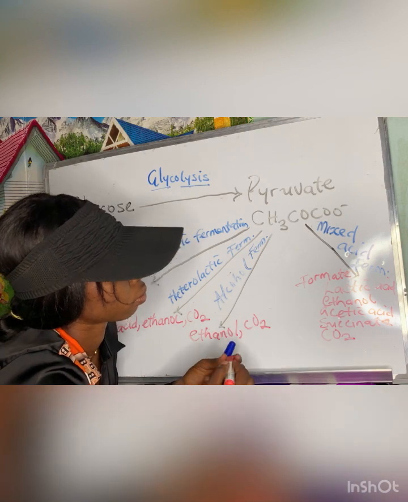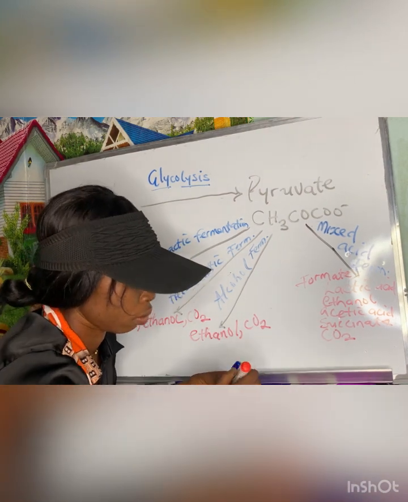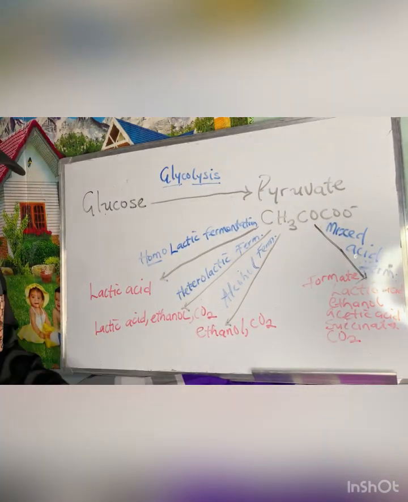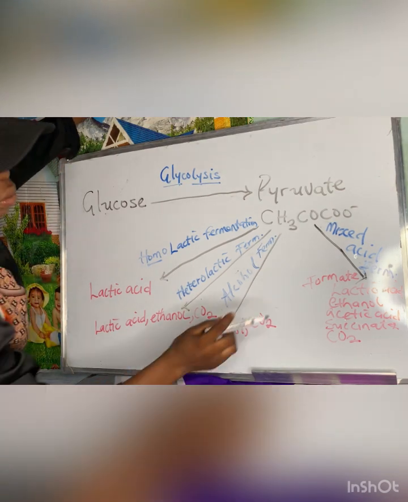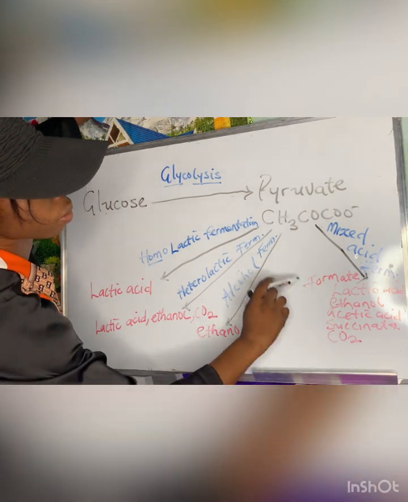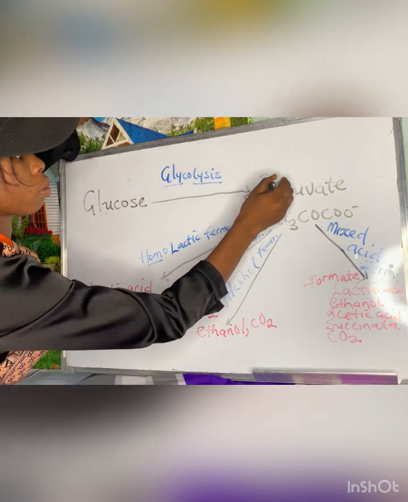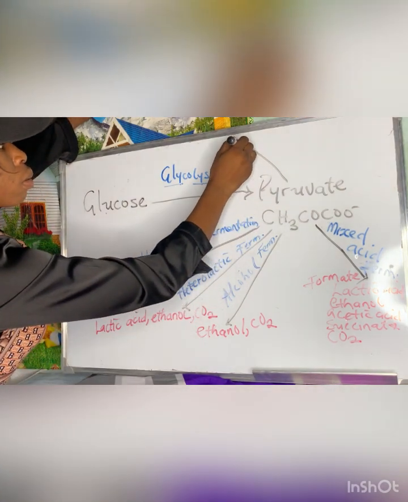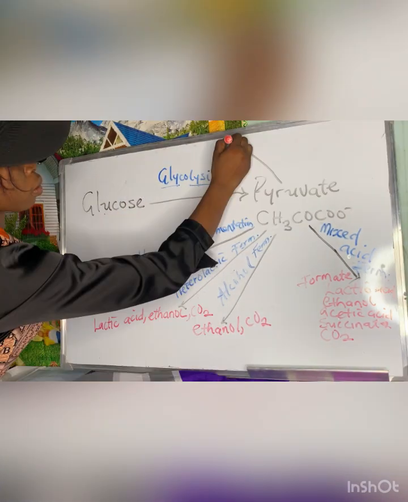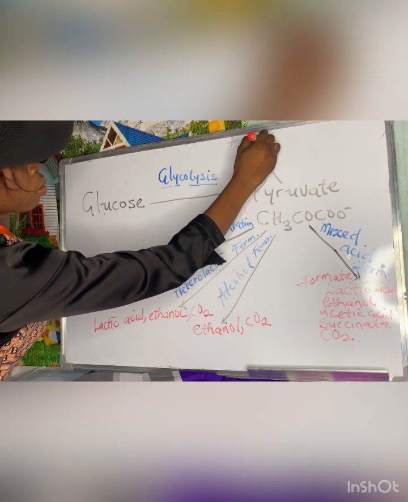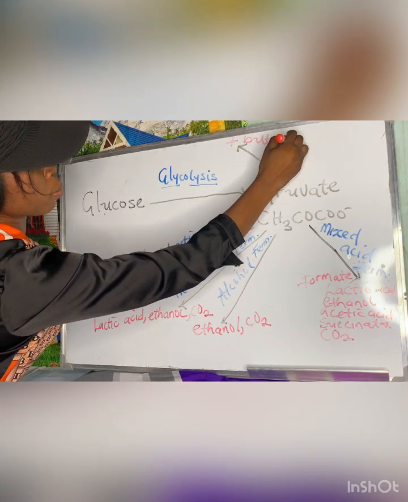I have to abbreviate the fermentation due to lack of space. All right, so you get another one where we say it also produces all these mixed acids, then you add one extra product, which is butanediol.